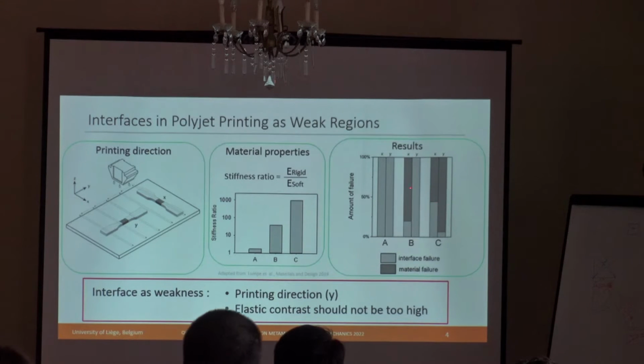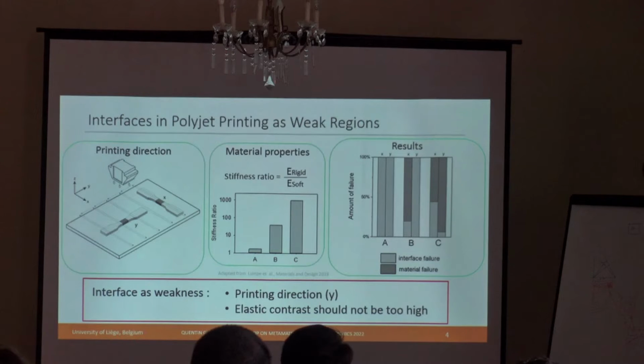For longitudinal printing along X, most of the failure appears inside the material, usually inside the soft material. But for printing along Y, all of the failure occurs at the bimaterial attachment, which is what we want. And if you increase the stiffness ratio too much, then it breaks evenly if printed along X, or most of the time in the material failure.